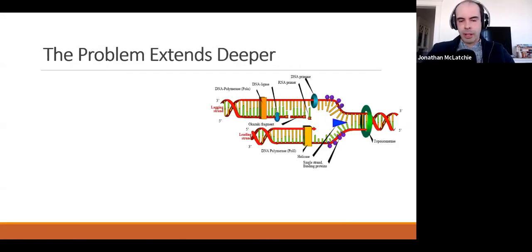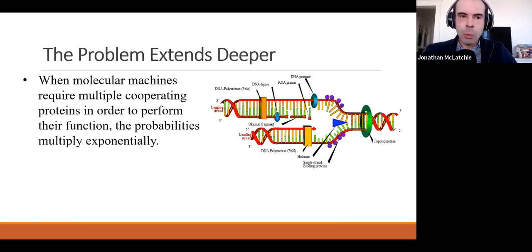Okay, so the problem, though, extends deeper. When molecular machines require multiple cooperating proteins in order to perform their function, the probabilities multiply exponentially. So here we see a diagram of the replisome, the replication machinery that replicates the DNA to prepare for cell division.